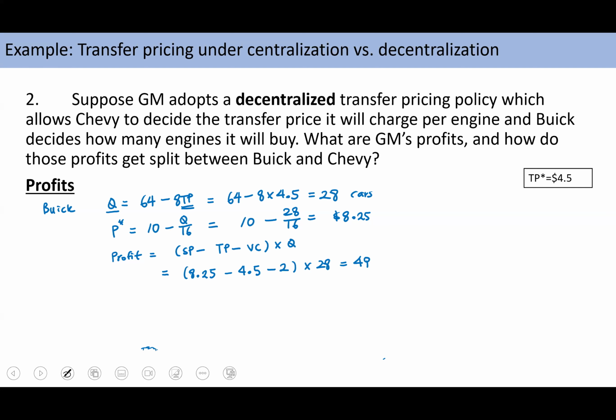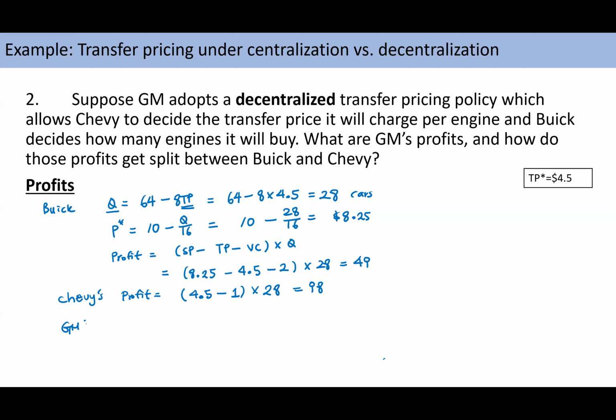What about Chevy? Chevy's profit. Well, Chevy's selling price is the transfer price, $4.5, and their variable cost per unit was $1, and they will be selling 28 engines to Buick. So Chevy's profit would be $98.